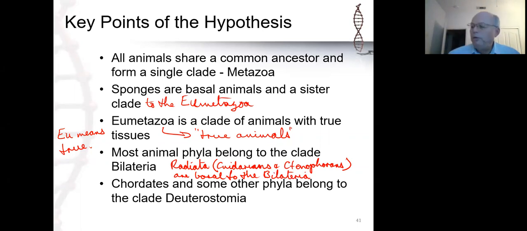Then when we look at the old clade Protostomia, we don't recognize that as a valid clade. I'll talk about how that's been dealt with on the next slide. But the chordates, the echinoderms, hemichordata, and a couple of other phyla, very small phyla, belong to the clade Deuterostomia because they follow the deuterostome developmental pathway.